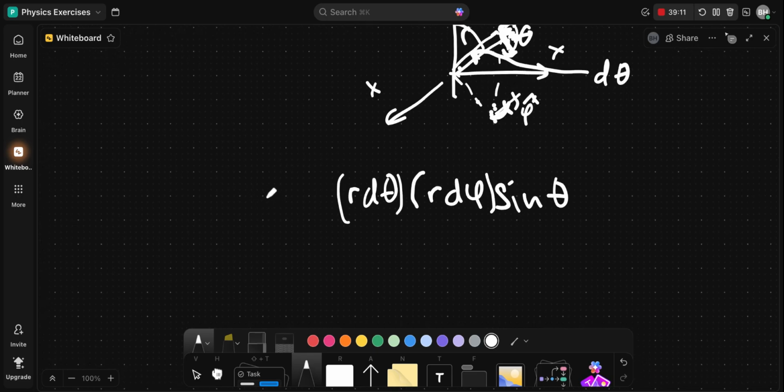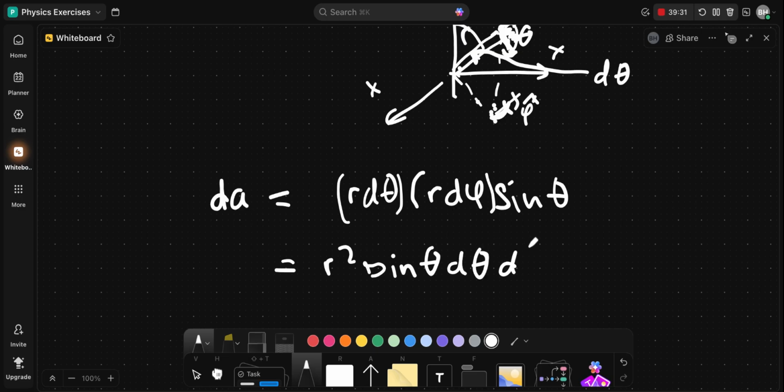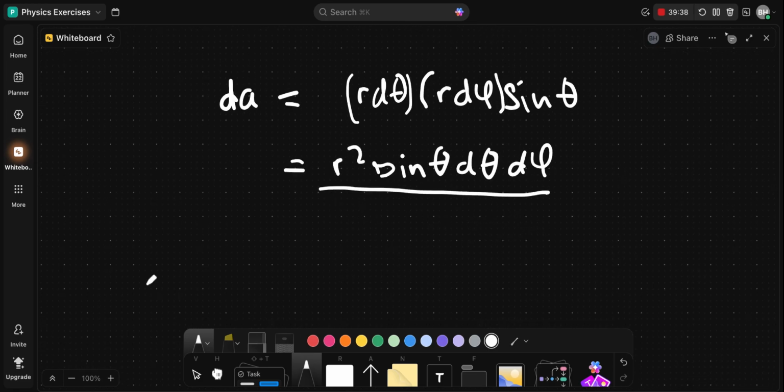And let's just check this. What do we get if we integrate over the full sphere? So I have my area element on the surface of a sphere, which I can rearrange. It's actually r squared sine theta d theta d phi. Okay, and if I do the full integral, watch what happens.